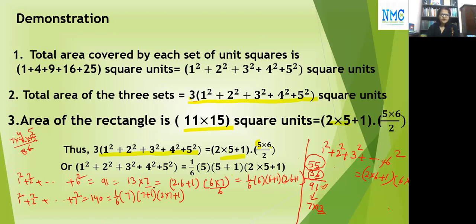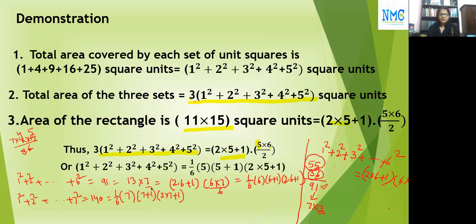So what you can observe here: when you have up to 5 square, it is 1 by 6 of 5 into 5 plus 1 into 2 into 5 plus 1.